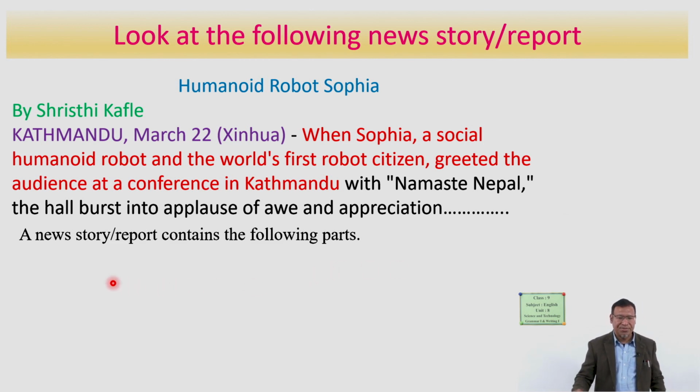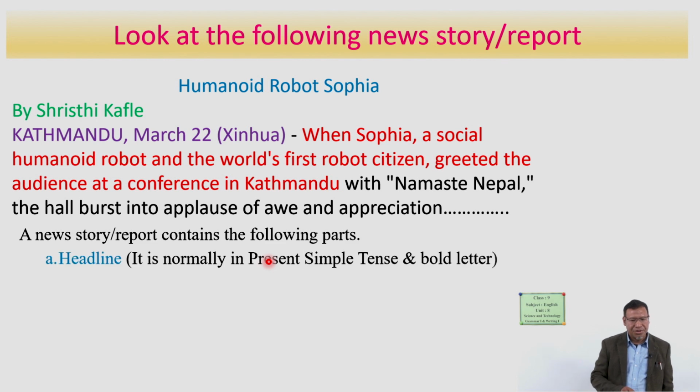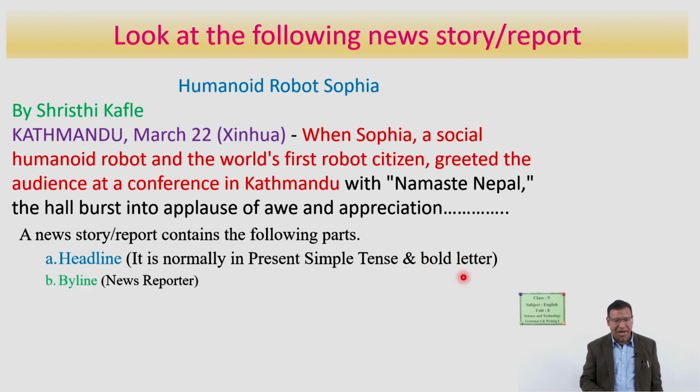What is most important from your side is that a news story or report contains the following parts. The first is the headline. The headline is normally in the simple present tense, and it is in bold letters. Next is the byline, which is often the name of the news reporter.